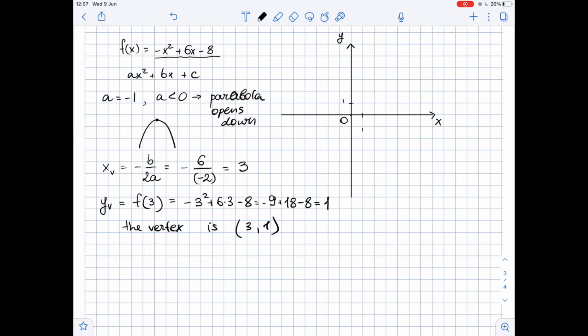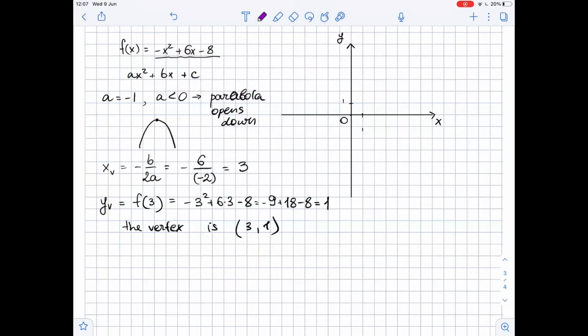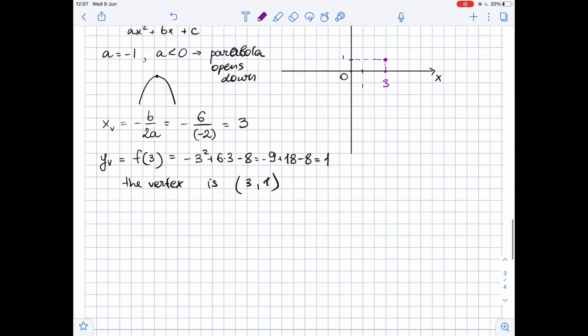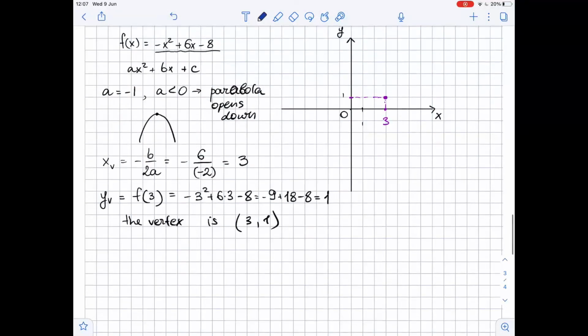Well, let's depict this point on the x and y plane. So x is equal to 3, it's here, 3. And y is equal to 1, so right here. So this is our vertex. Well, we know that a parabola is defined by 3 points, so we need to find 2 more points, because now we have only one, the vertex.